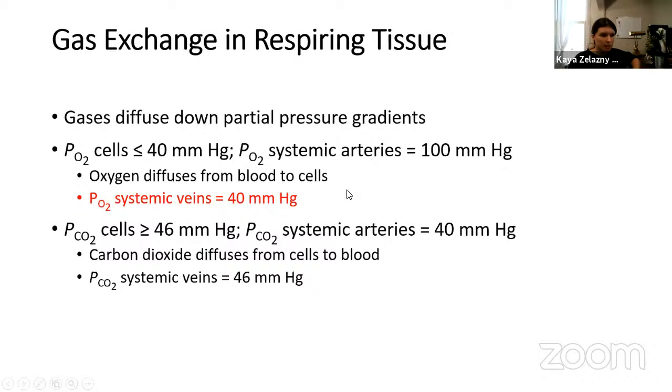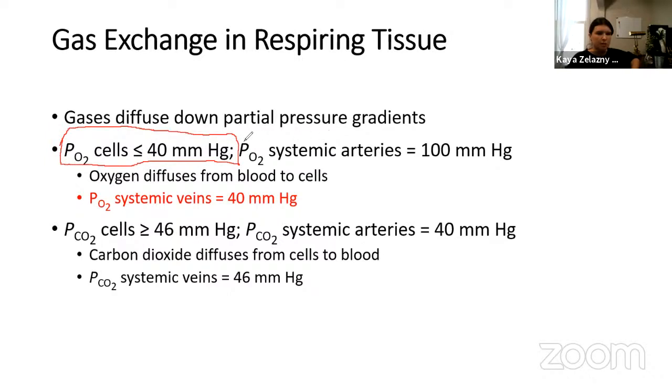So in our respiring tissue, our cells need O2. So they are going to be basically sucking up O2. And we can see the gradient here, right? The usual partial pressure of the oxygen in those cells is less than 40 millimeters of mercury, or maybe equal to.